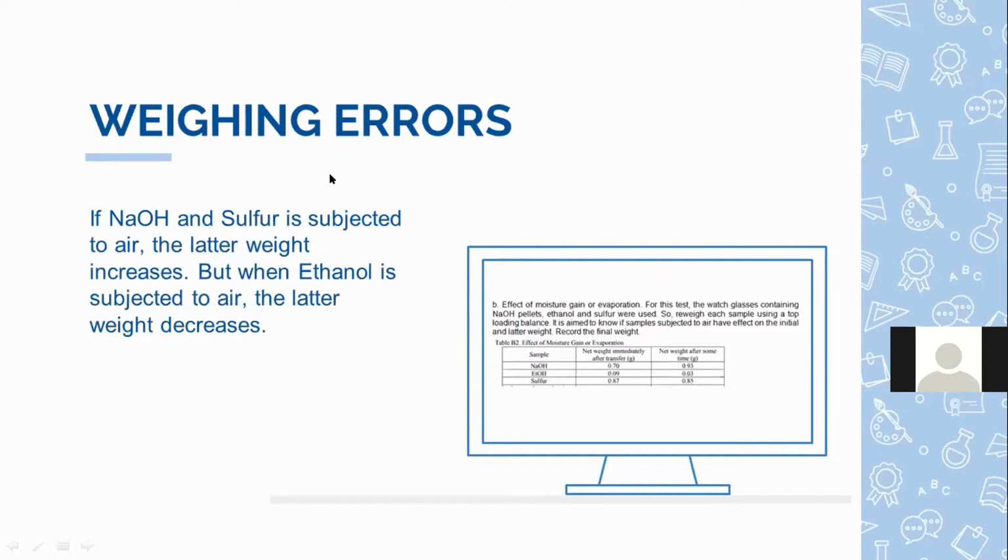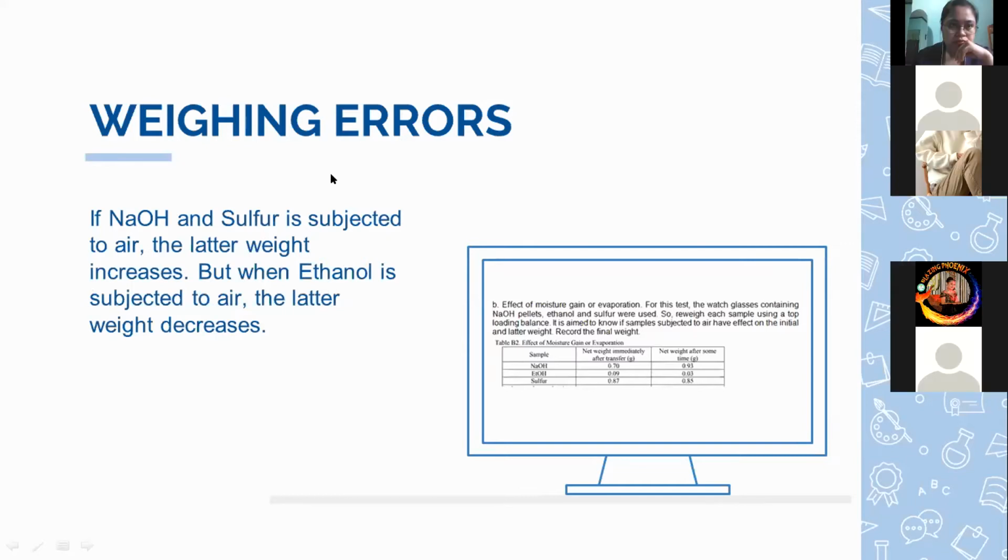Letter B is the effect of moisture gain or evaporation. So for this test, watch glasses containing sodium hydroxide pellets, ethanol, and sulfur were used. Reweigh each sample using a top loading balance. It is aimed to know if samples subjected to air have an effect on the initial and latter weight.